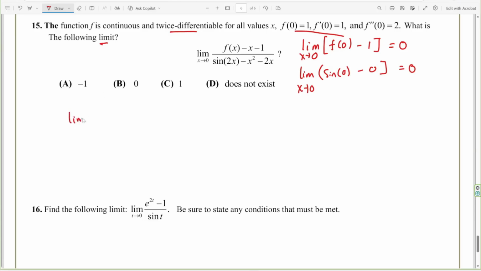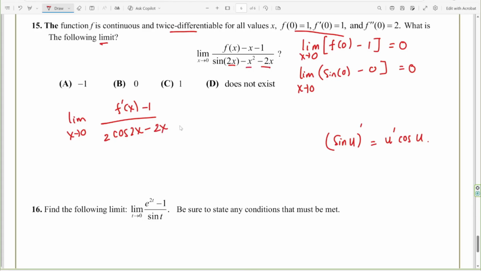So we need to use the L'Hospital rule, right? So we have limit when s approaches 0, the derivative of the top should be f prime of s minus 1 over the bottom. We need to use the chain rule, right? The derivative of sine of u equals u prime times cosine of u, right? Now u is 2s, right? So we have 2 times cosine of 2s minus the derivative of this one, 2s, which should be negative 2, right?